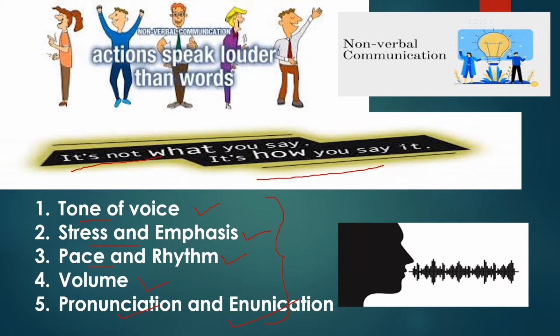Next, pace and rhythm. The speed of speech as well as the appropriate use of pause can change the meaning of the words spoken. So the clarity and effectiveness of communication should be very good. For example, people who speak fast can be difficult for listeners, especially poor listeners.